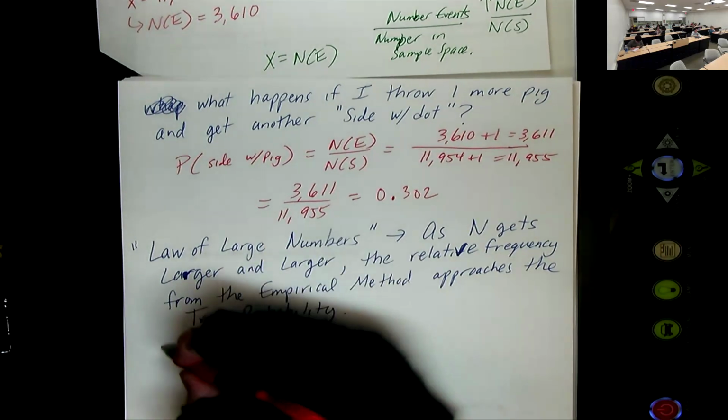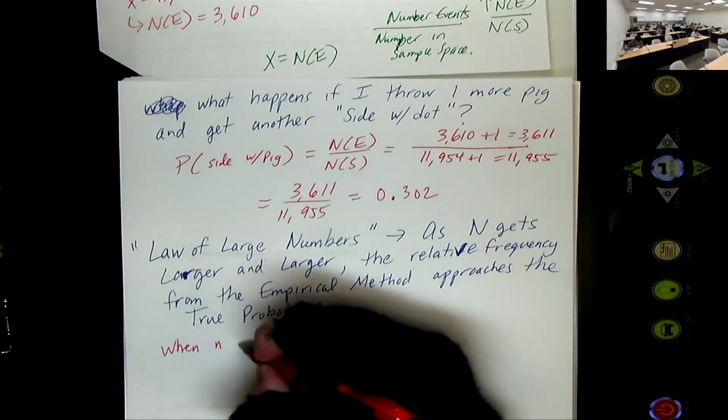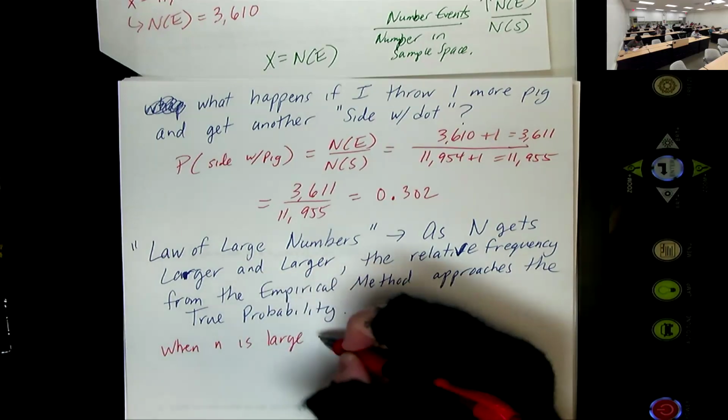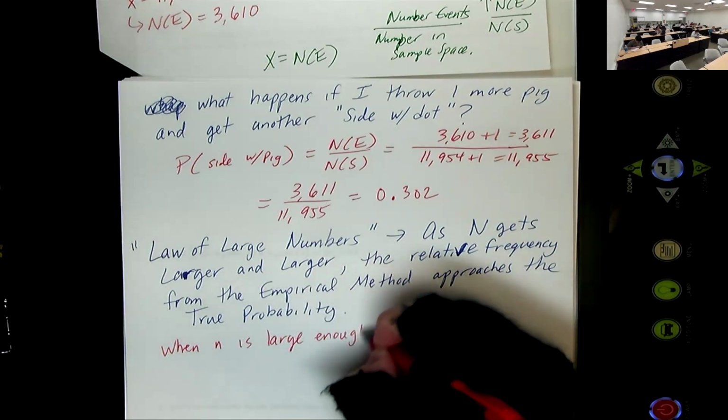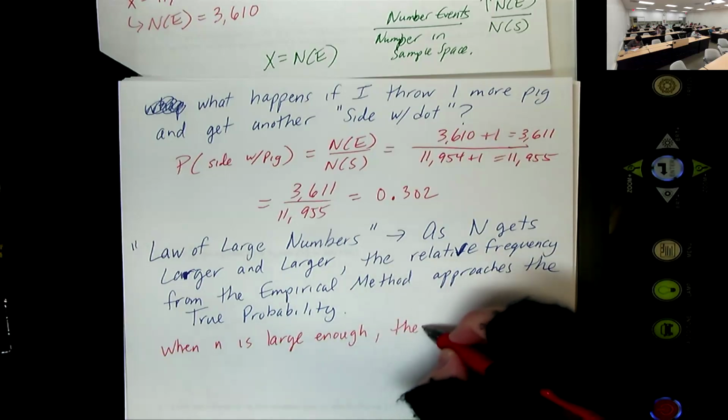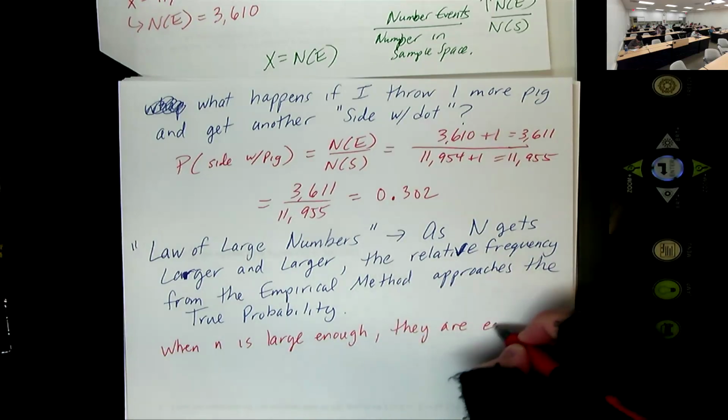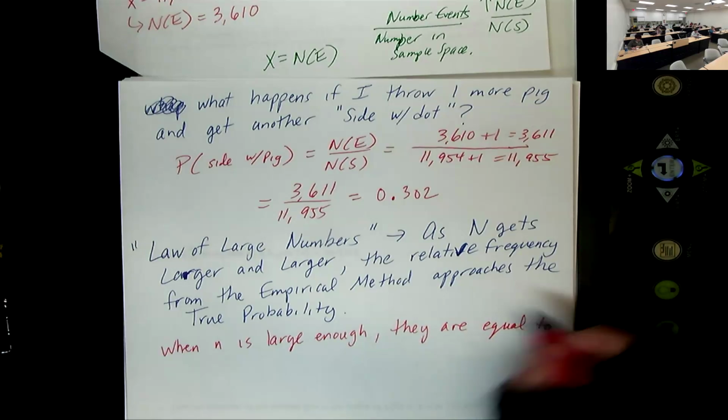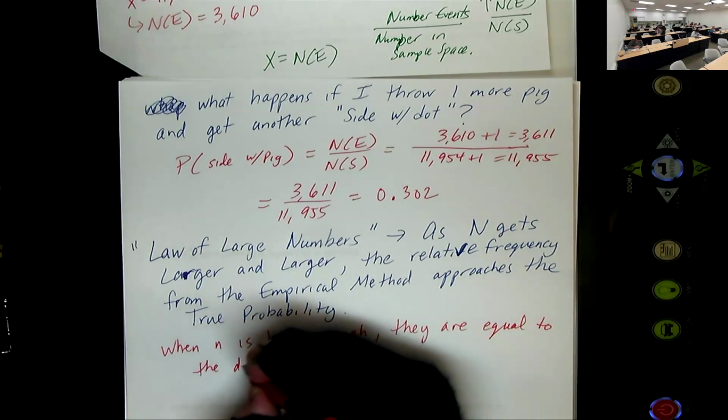And when n is large enough, they are equal to the desired number of decimal places.